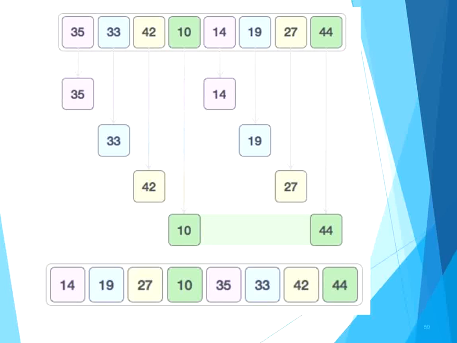It is, so we swap it, putting 14 at the position of 35 and 35 at the position of 14. So 19 with 33 we will swap, 27 with 42 we will swap, and 10 is already in order, it's not greater than 44, so it will remain at the same position, and 44 as well. So this is our first pass output, and then we move to the next pass.